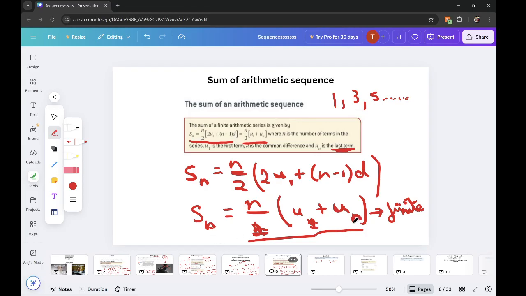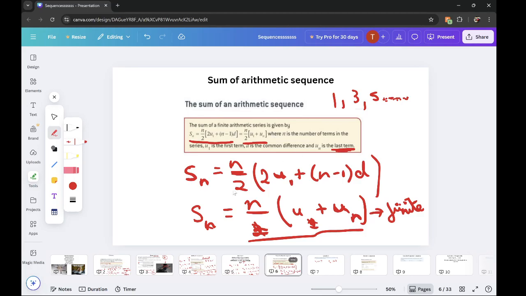Usually they ask for the sum of the total arithmetic sequence, but they will never ask you that when it's giving you an infinite sequence. In an infinite sequence, you will not know what the last term is because the number of terms goes up to infinity. So you will never know the value. So only in finite sequences will you be asked to use this, and I want you to keep this in mind.